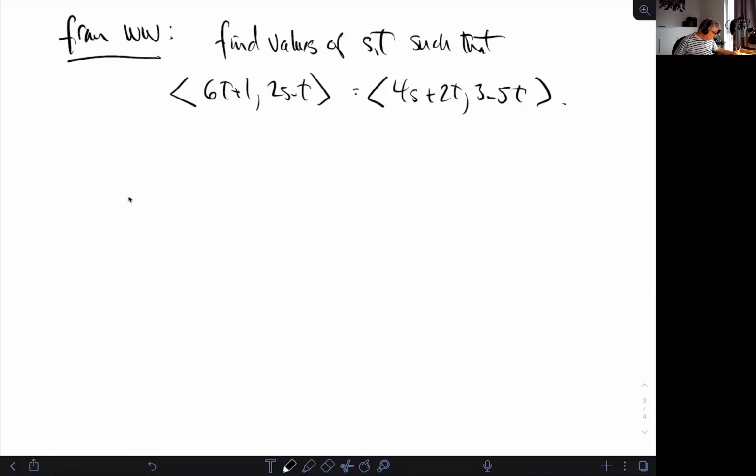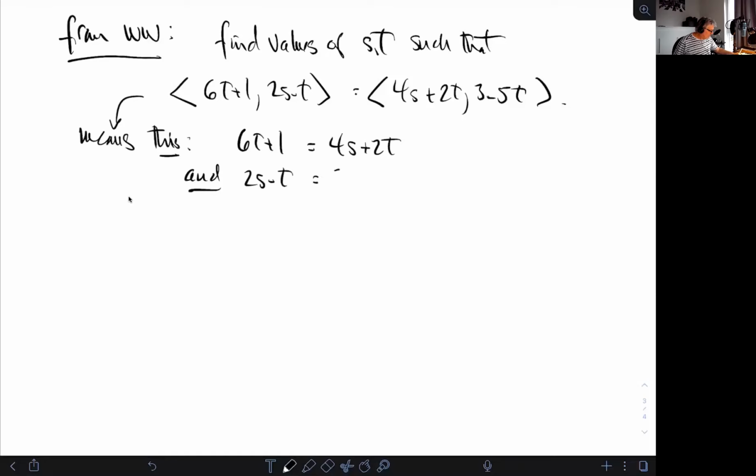So this means that 6t plus 1 is equal to 4s plus 2t, and 2s minus t equals 3 minus 5t. Two vectors are equal means that their corresponding components are equal. That's what it means.